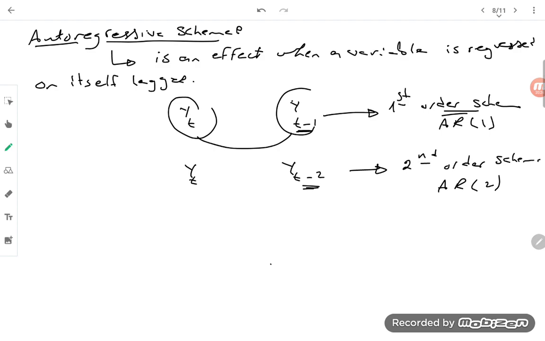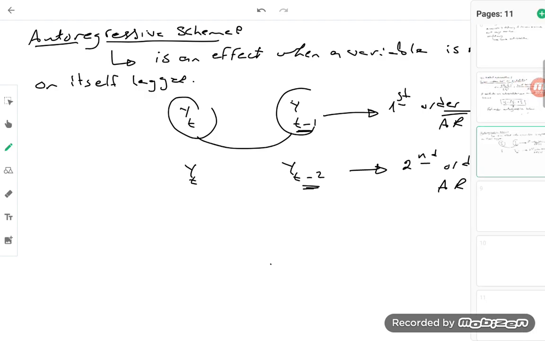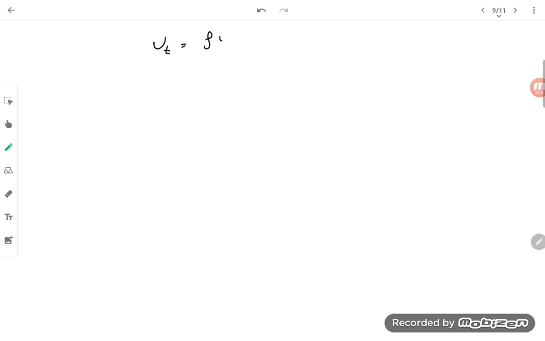So in case of our equation, u t equals rho u t minus 1 plus error term, this is a first order scheme. The variable is regressed on its first order lag. So this is a first order scheme, the AR1 model.